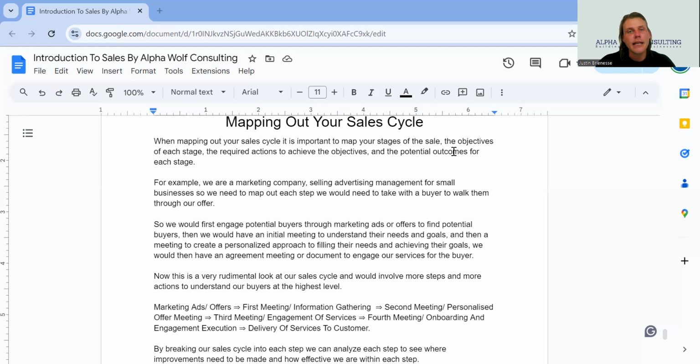We want to keep it as clean and clear a process as we can, where we're not having 30 different tasks like write email, send email, review email, send email. We don't want to clog up our sales cycle with irrelevant tasks. We want to keep it as key themes or milestones.